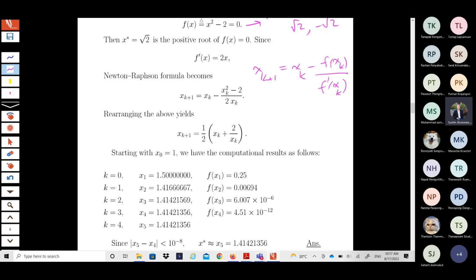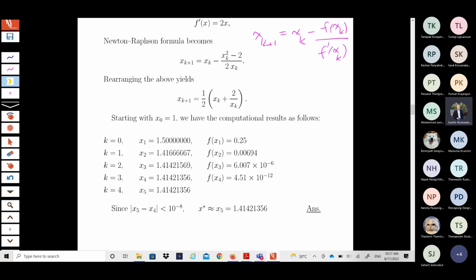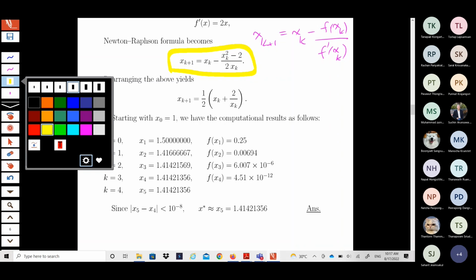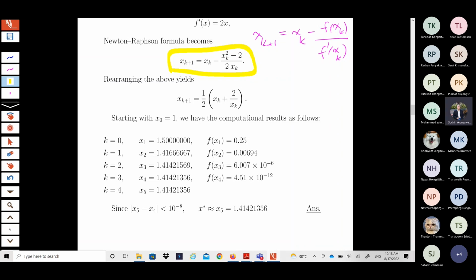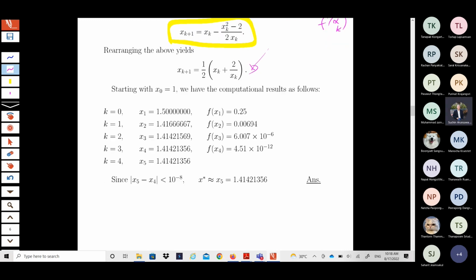Then we substitute f(x_k) and f prime of x_k in the formula, and then we obtain this. After rearranging the formula, we have a simpler one. We tidy it up a little bit. Now this is the formula we will use in the following iterations.